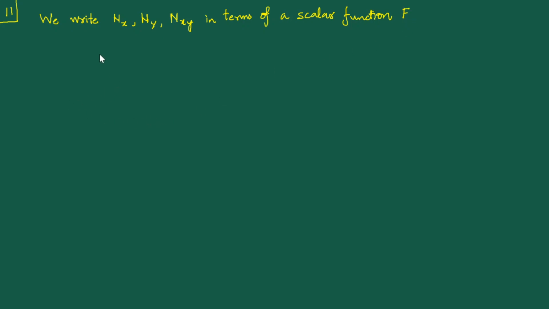So what we say is that nx is equal to del square F del y square, and ny is equal to del square F del x square, and nxy is equal to minus del square F del x del y.